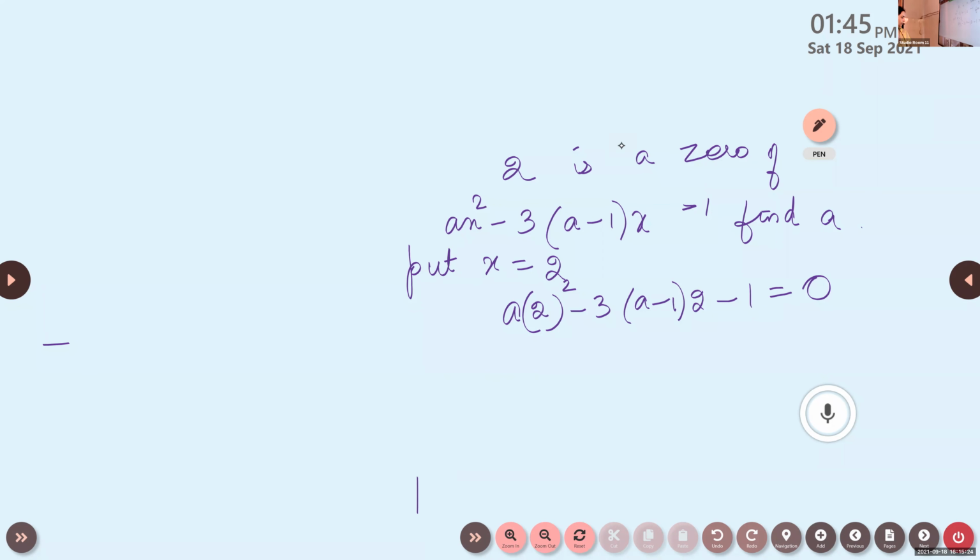What is the answer? Will you be getting like this? 4a minus 3a. Okay, here we have a. If you want, you can write this as 3 into 2 is 6 minus 1. So 4a minus 6a plus 6 minus 1 is 0. From here, what is the value of a?